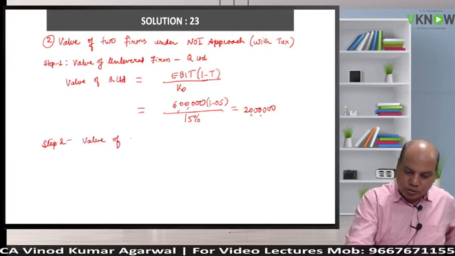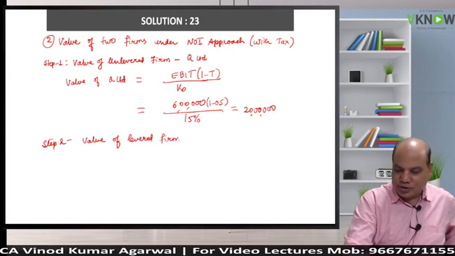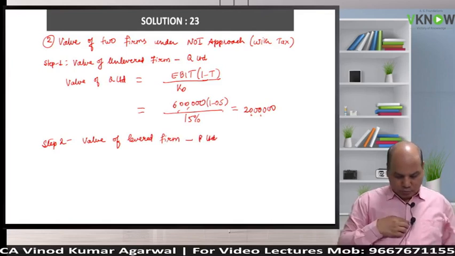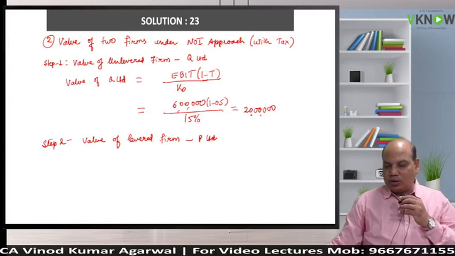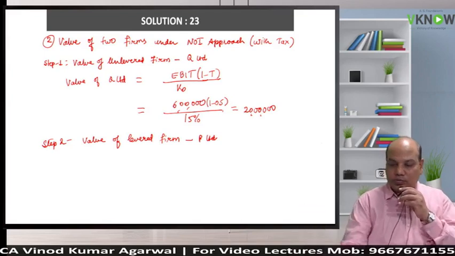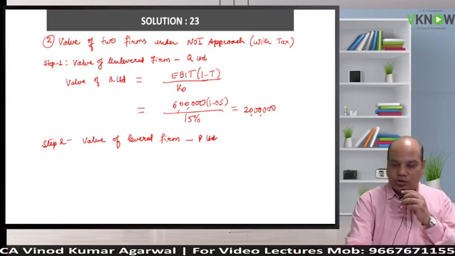Step 2 will be the value of the levered firm. Which is the levered firm? P Limited. Is it right? Do you remember the formula for a levered firm when there is taxation?